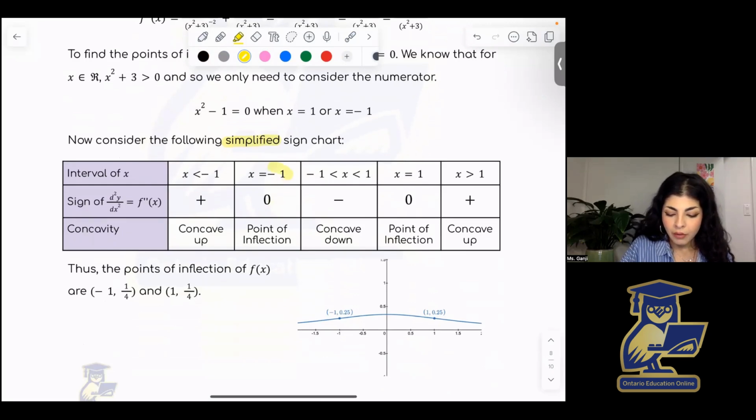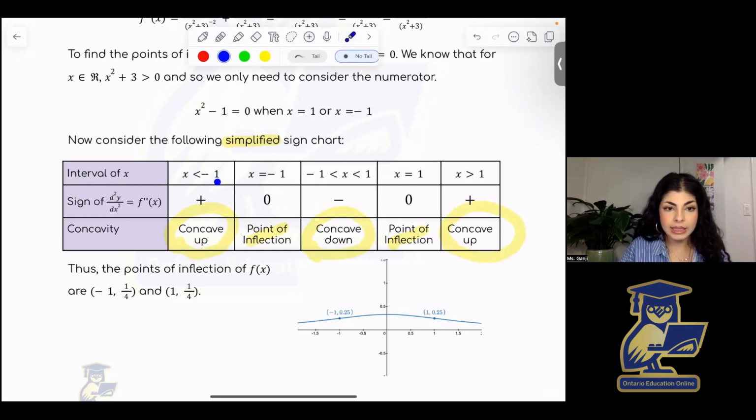Of course here we have a possible point of inflection, and the same with here, but this part doesn't get filled in till after. So I have to do these three first. What I've done is consider x less than -1, x greater than 1, and then the interval in between. And of course, we know at these two points, the second derivative is equal to 0. So these are for sure possible points of inflection.